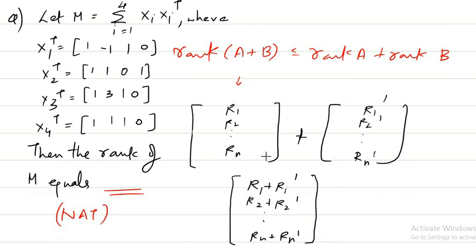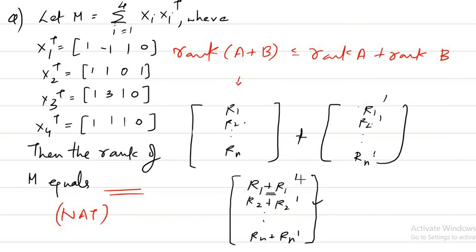It is basically some value. Suppose the rank of this matrix is some particular value and the rank of that matrix is some particular value. The first row of the sum is a linear combination of this row and this row, and the second row is a linear combination of this row and this row, and so on.